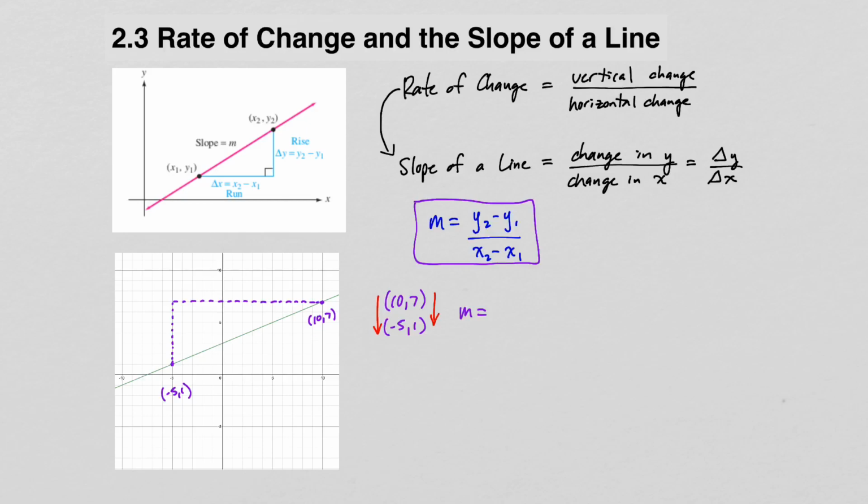And so when I do y2 minus y1, I'm going to do 7 minus 1. And when we do x2 minus x1, we're going to do 10 take away -5.